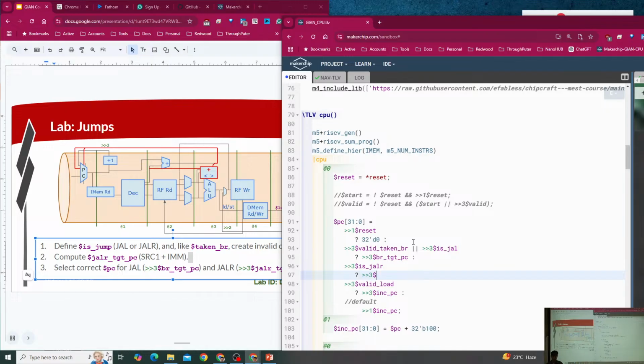And we just created the JALR target PC. So if we had a jump in flight 3 cycles later, we want to use its target PC. Did I get that right? You guys have too much faith in me. All right, let's compile and see what we get.